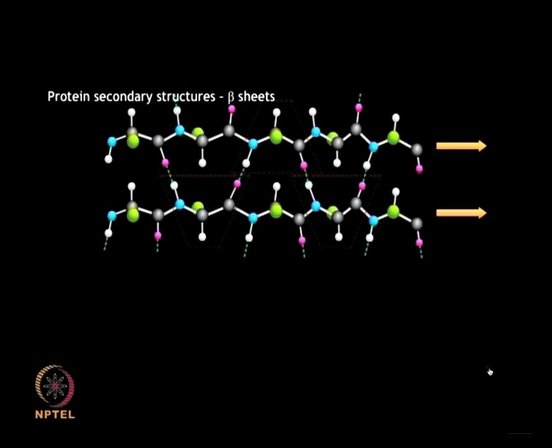It is an extended structure with hydrogen bonds between the chains stabilizing it. Amino acids in parallel beta sheets, which run in the same direction, interact with 2 different amino acids on the adjacent strand through hydrogen bonds.